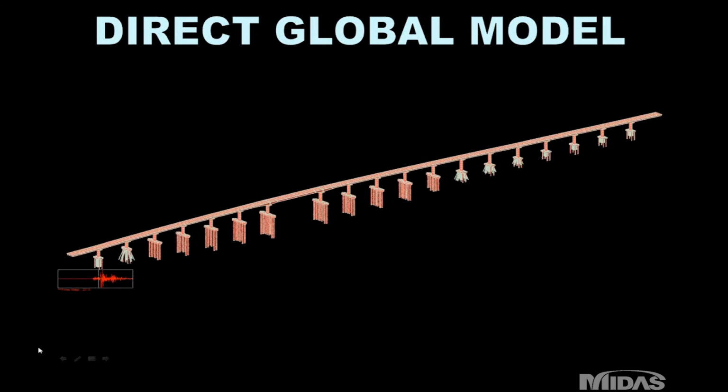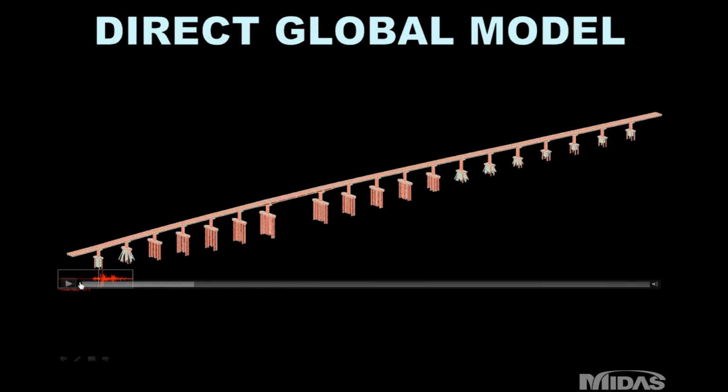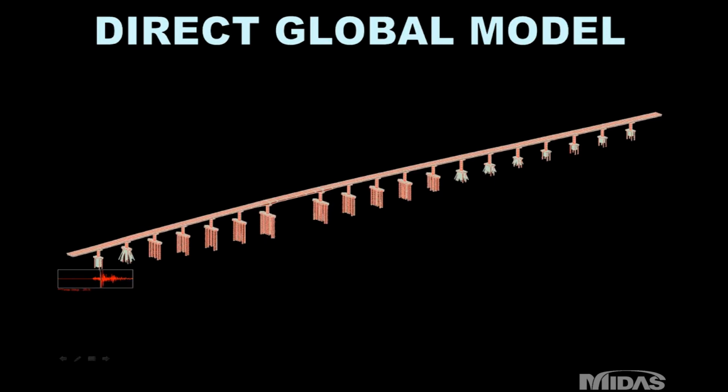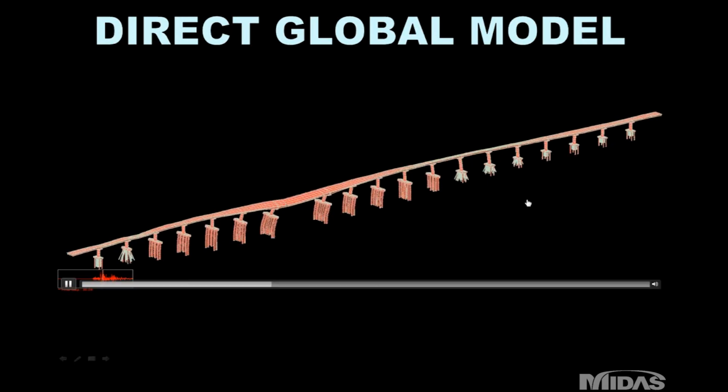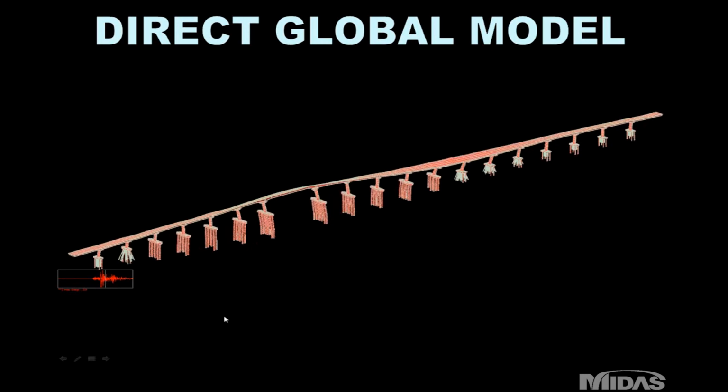So here is a direct model using Midas. All the nonlinear springs are attached, and you can see all the action actually is at the main channel, as was expected by looking at the schematic drawing of this profile.